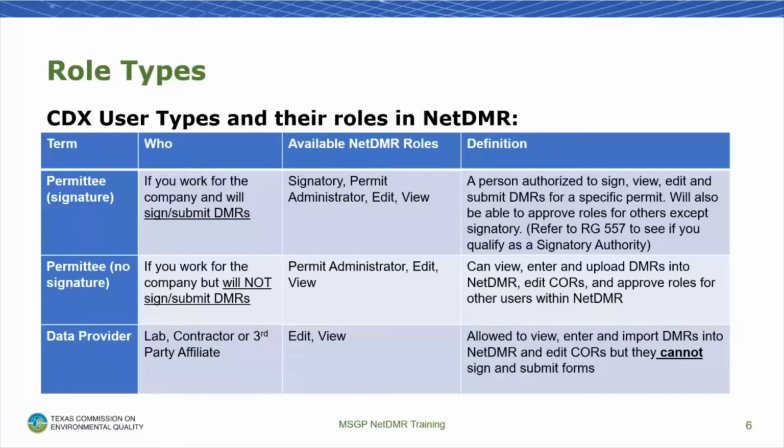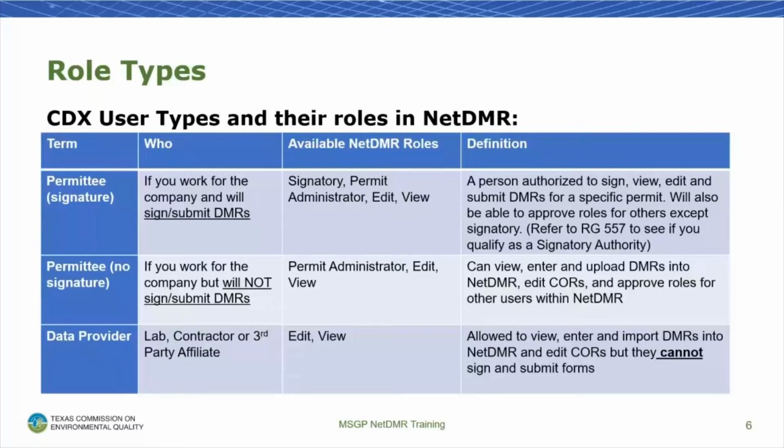The definition is a person who is authorized to sign, view, edit, and submit DMRs for a specific permit. You will also be able to approve roles for others, except signatory roles. If you're unsure whether or not you would qualify as a signatory authority, there is Regulatory Guideline 557 that gives a definition.